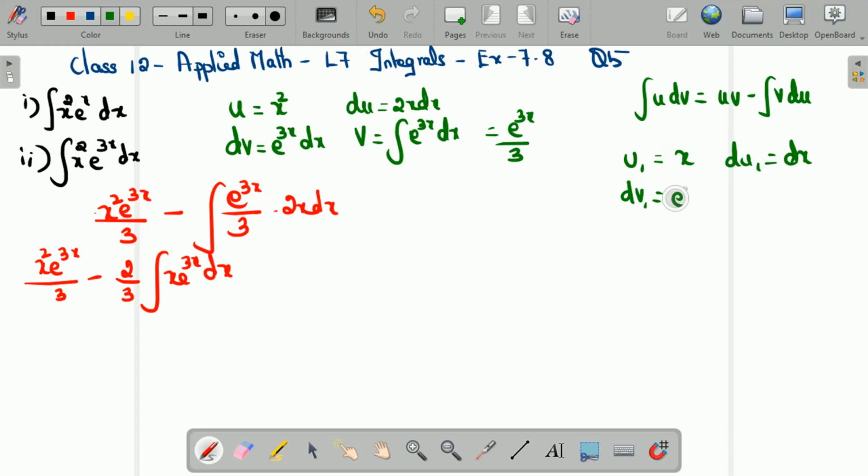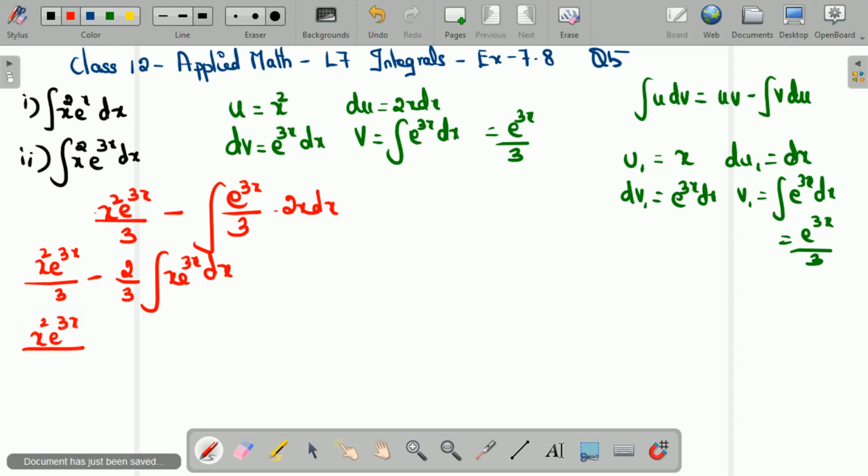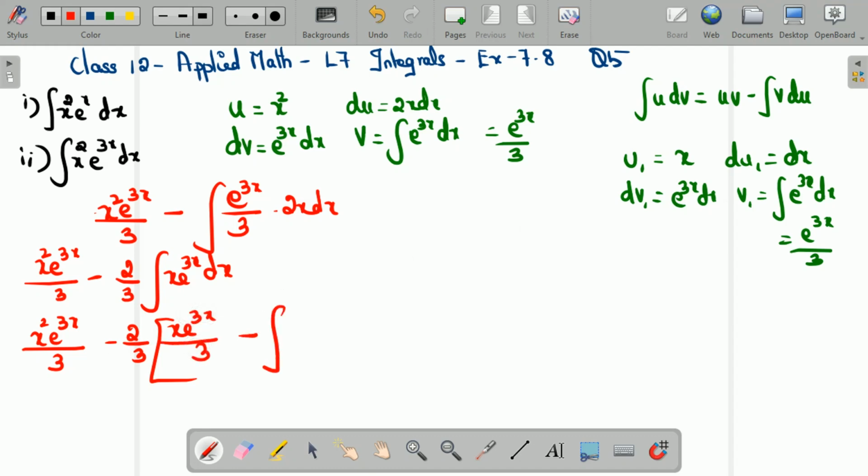dv1 is going to be e power 3x dx, which means v1 is integral e power 3x dx, which is e power 3x by 3. So now let's substitute. So this is going to be x squared e power 3x by 3 minus 2 by 3 into uv. So it is going to be x e power 3x by 3 minus integral v du.